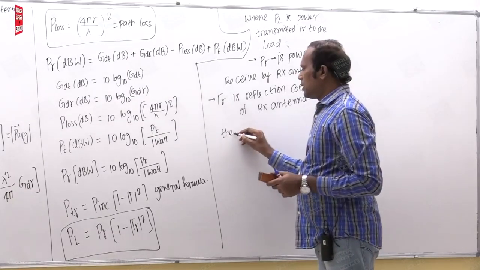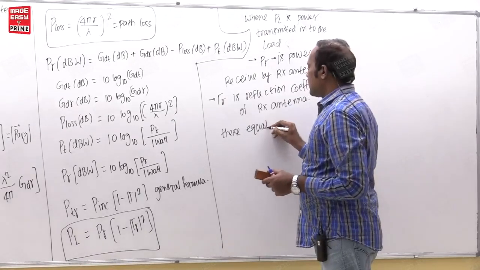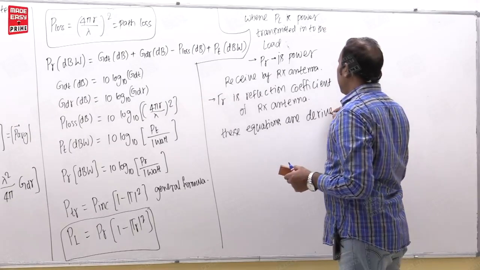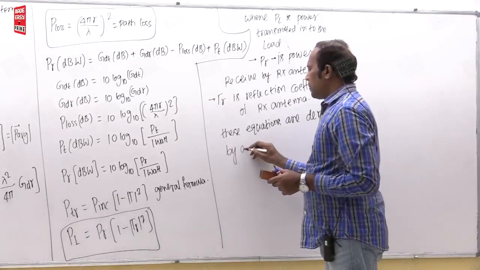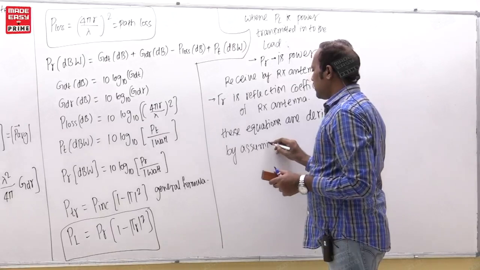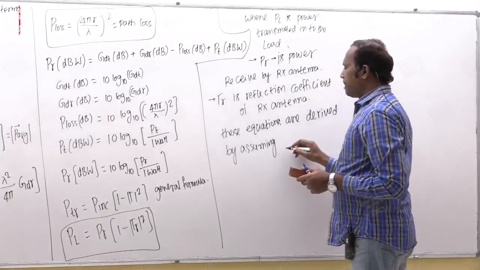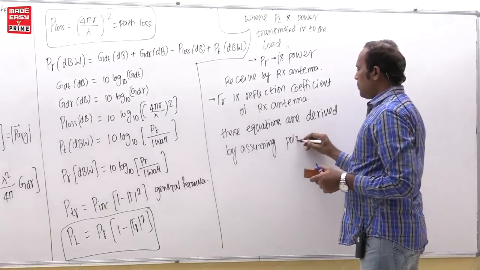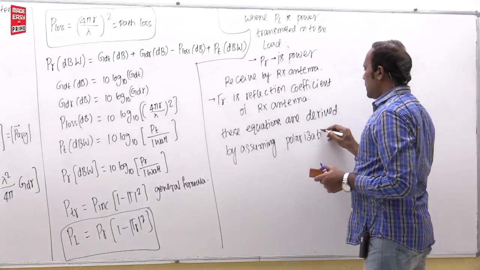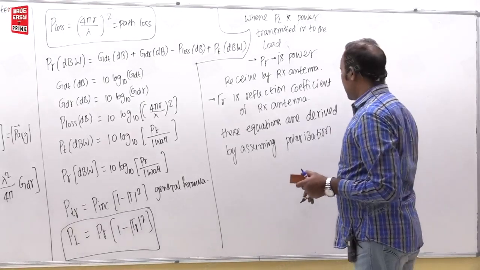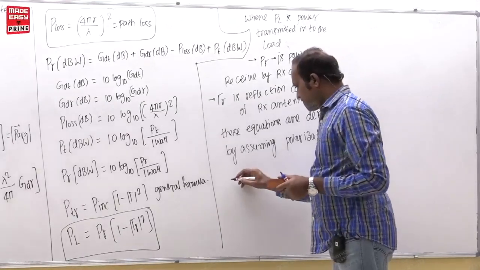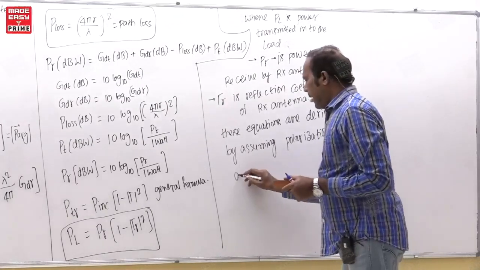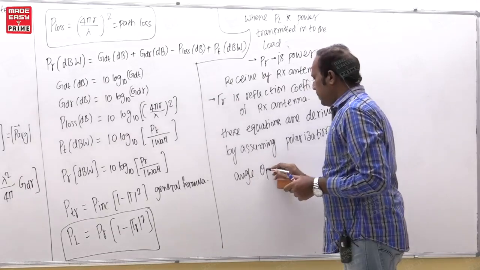So these equations are derived by assuming polarization angle theta p is equal to 0.